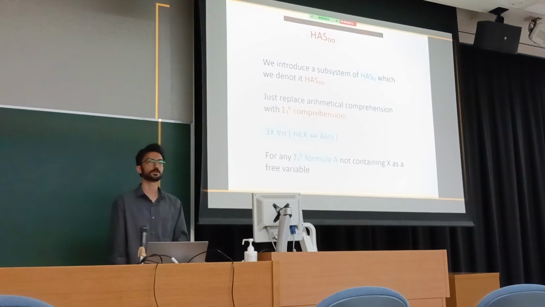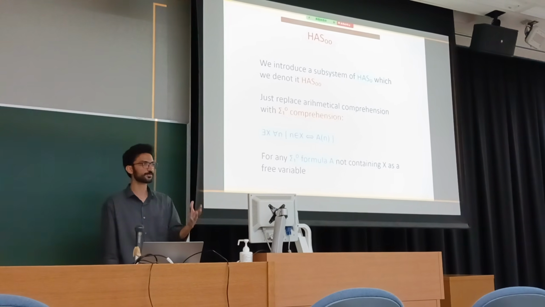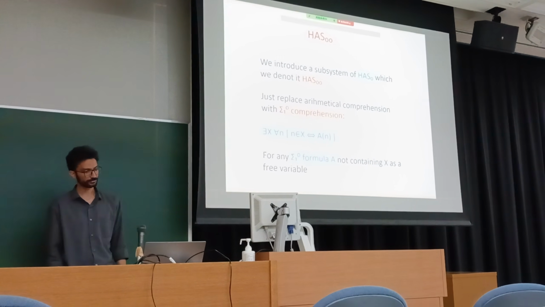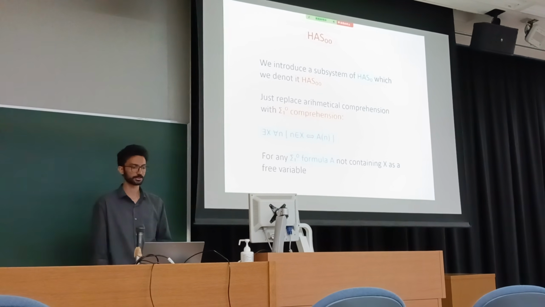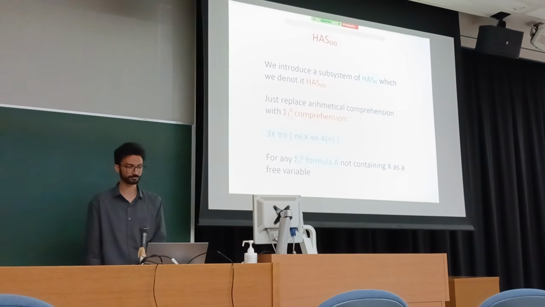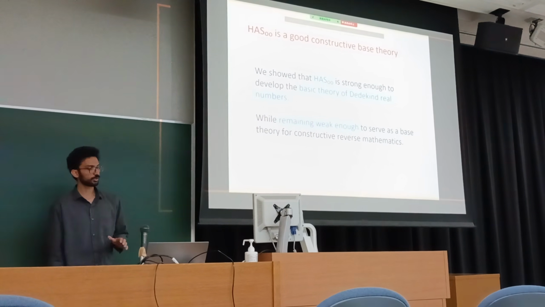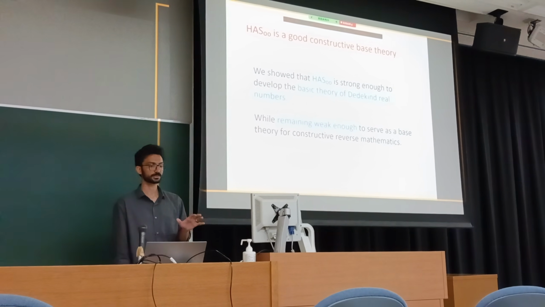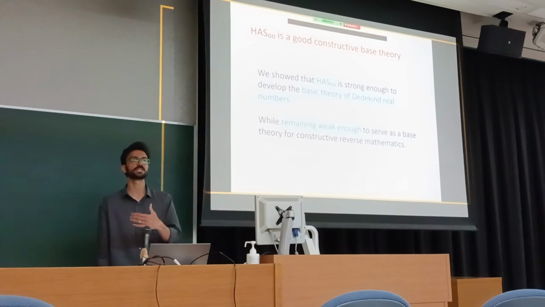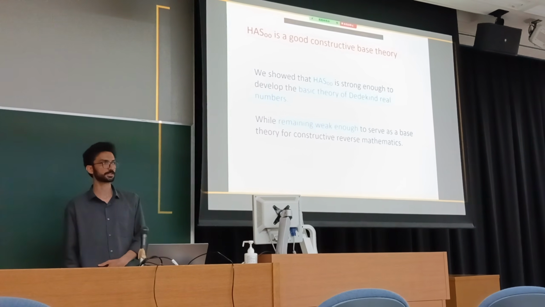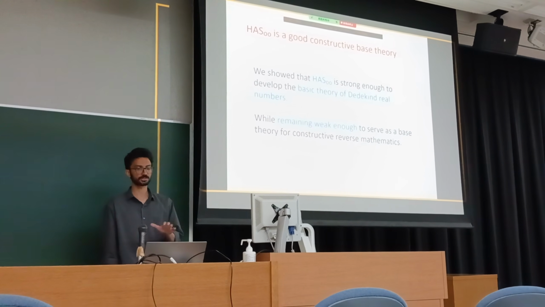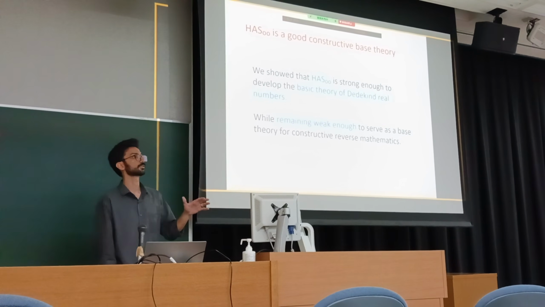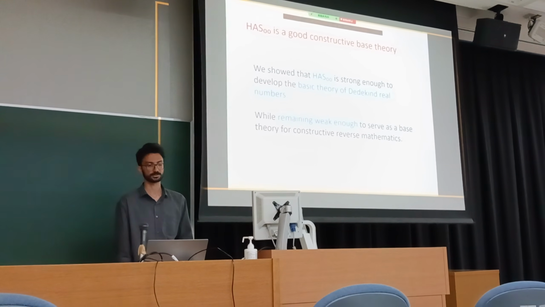Not every arithmetical formula defines a set, just every sigma 01 formula defines a set, which is a restriction of arithmetical comprehension. And we could show that HAS00 is a good constructive base theory because it is strong enough to develop the basic theory of Dedekind real numbers, while remaining weak enough to serve as a base theory for constructive reverse mathematics.